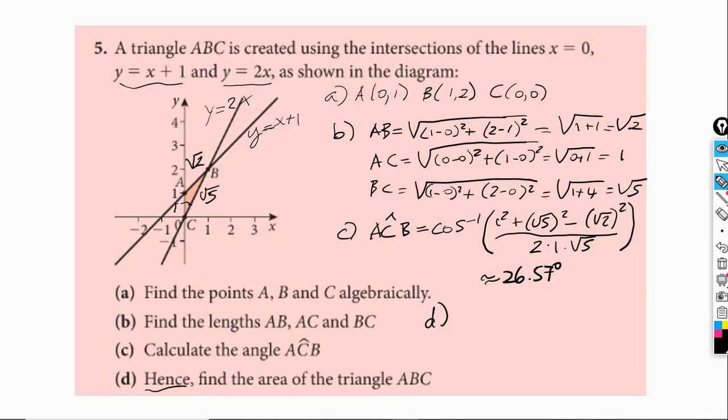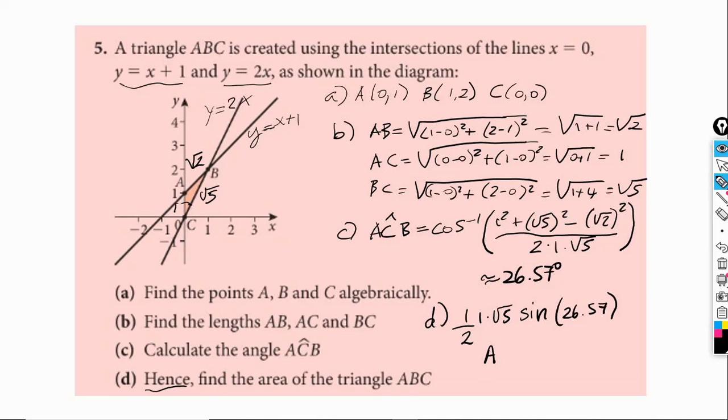So this would be 1/2, remember that's the area, 1/2 times A, or 1, times B, or square root of 5, times the sine of the angle, or the sine of C. So in this case, sine of 26.57.